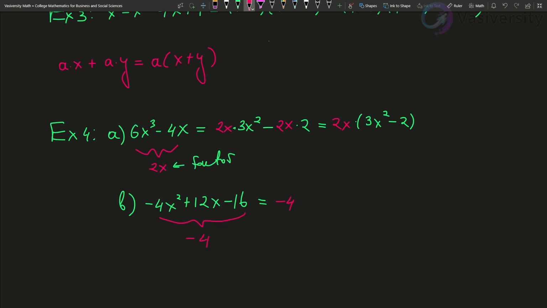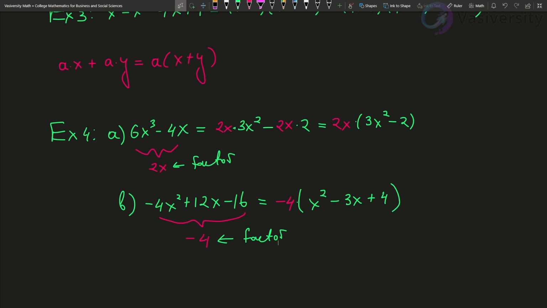If we take it out, -4 times, we're going to have x squared minus 3x, right? The sign has changed because if we bring it back, -4 times -3x, we're going to get 12x. And then plus 4. Right, so -4 is our factor.